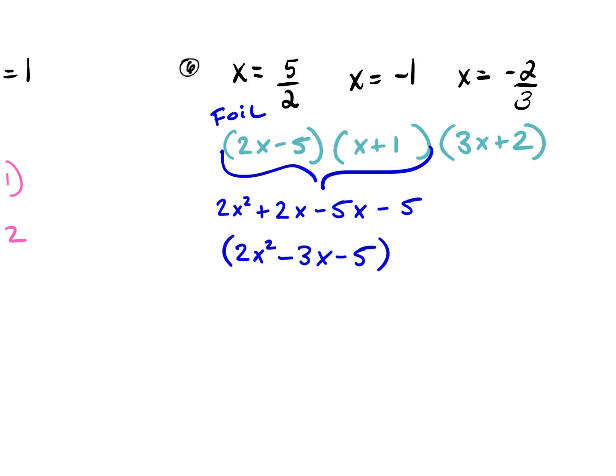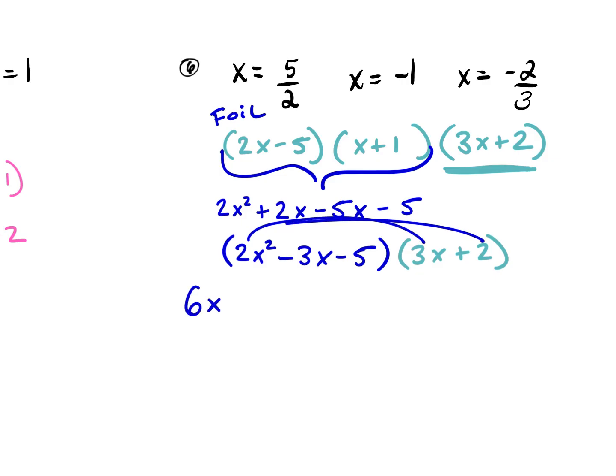Now we're going to take that and multiply it with the third one. So 3x plus 2. Now we have 3 terms in the first one and 2 in the second. So just make sure everything in your first set of parentheses gets multiplied to everything in the second. Starting with 2x squared, we're going to distribute that to both things. 6x cubed, perfect.